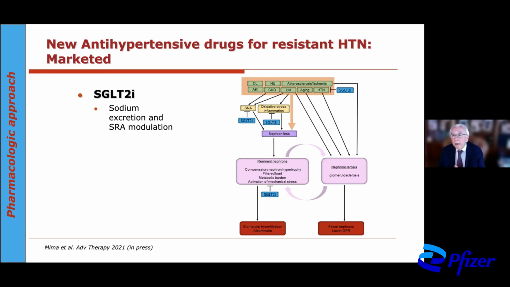The second one is sodium glucose cotransporter inhibitors. These have several mechanisms to reduce blood pressure directly, but at the same time produce some effects, reducing sympathetic nervous system activity, oxidative stress and inflammation, and then, of course, protect the kidney at the same time.